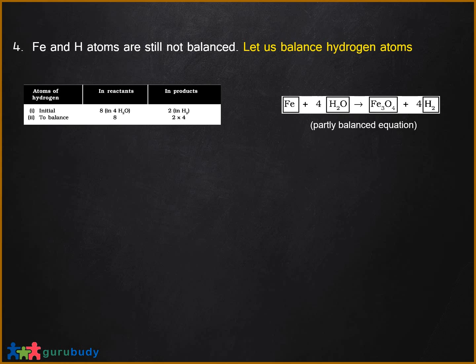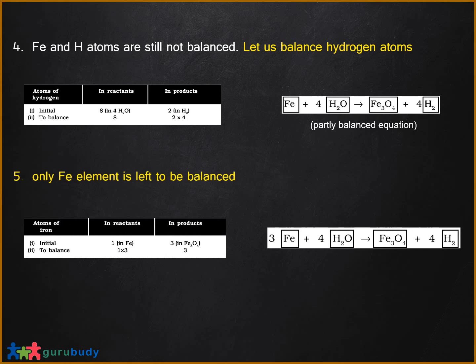We have 8 in the reactants and 2 in the products. So we can multiply the product by 4, so we will have 8 on the reactant side and 8 on the product side. As you can see in the box equation, I have multiplied the product by 4. Now we have 8 atoms of hydrogen in the reactants and 8 atoms of hydrogen in the product. So this equation is balanced from the hydrogen point of view. But our iron is still not balanced.